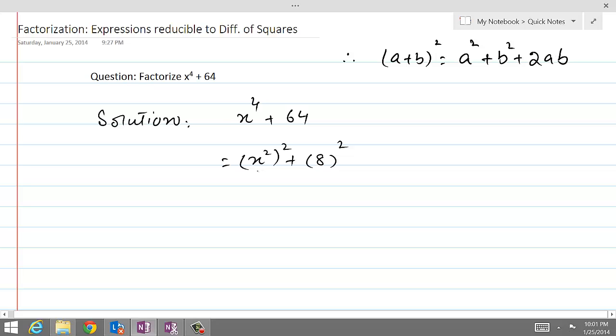Here we have a² and we have b², but we don't have 2ab.